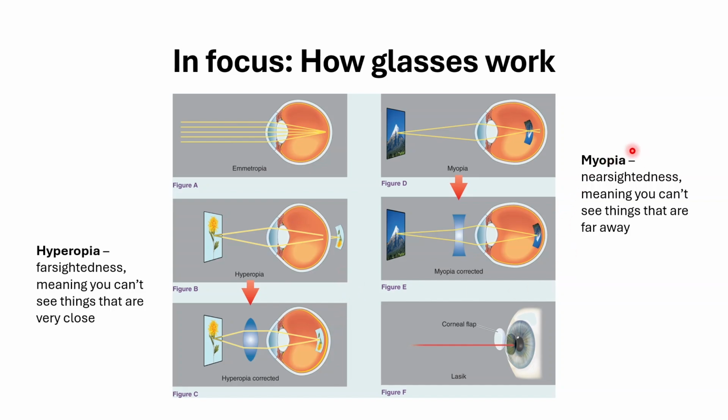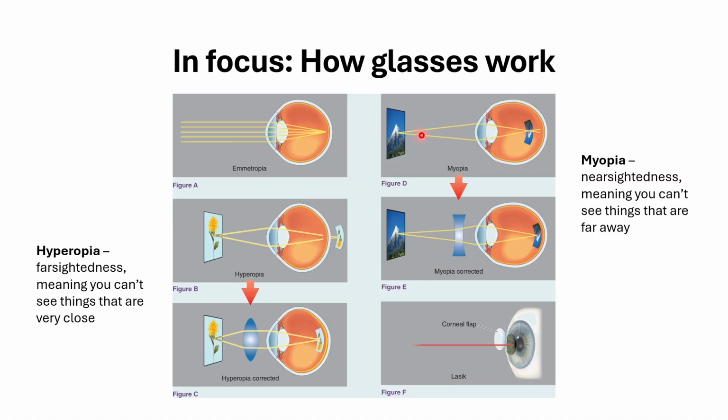And then myopia is nearsightedness. Okay, so that means you can see things that are close, but you can't see things that are far away. And so for this, it's basically the opposite. We can't flatten our lens very well, and so we have a fatter lens than it should be.